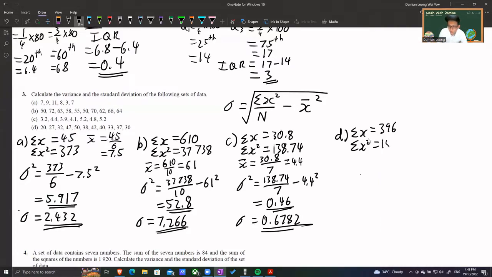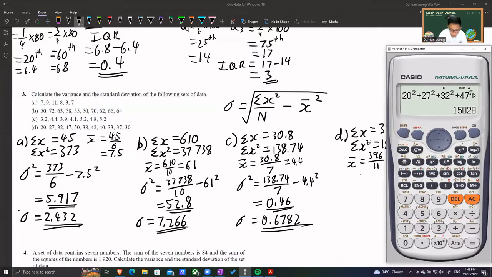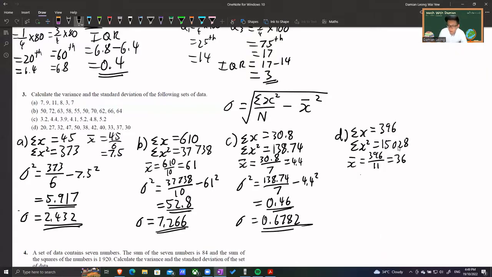15,028. Mean: 396 divided by, here there are 1, 2, 3, 4, 5, 6, 7, 8, 9, 10, 11 numbers. 396 divided 11, 36. Then variance: sum of x squared over n, 11, minus mean 36 square.